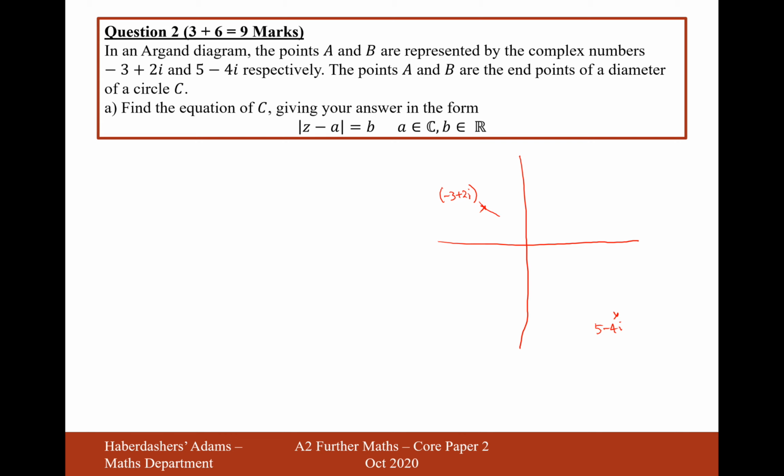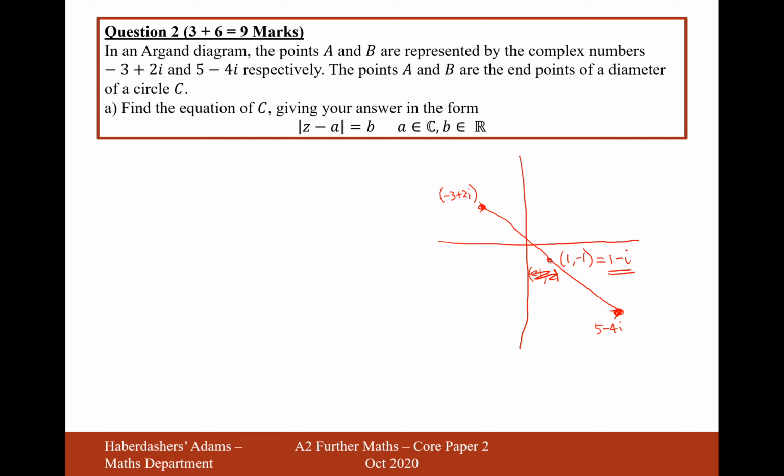Now the midpoint here is going to be the center of the circle, so the middle value between -3 and 5 is going to be 1, and the middle value between 2 and -4 will be -1. So the first bit's 1, and the second bit's -1, so effectively it's 1 - i. So there we are, that's the midpoint.